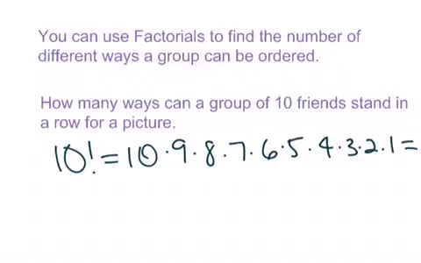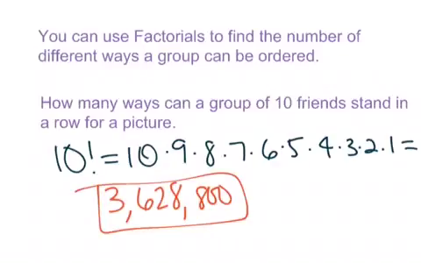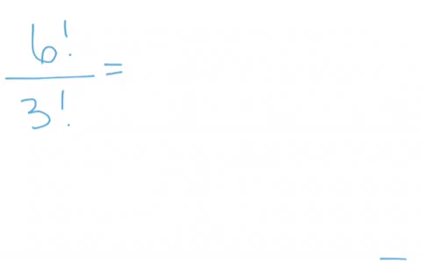Which would actually be 3,628,800. So if there were 10 of you in a group and you wanted to have different versions of it, you do a factorial of 10, multiply 10 all the way down to 1. So this is the possible number of outcomes you would have if you had 10 different people standing in order.